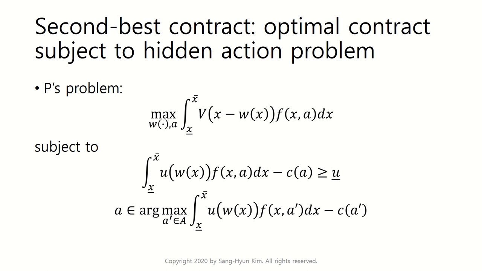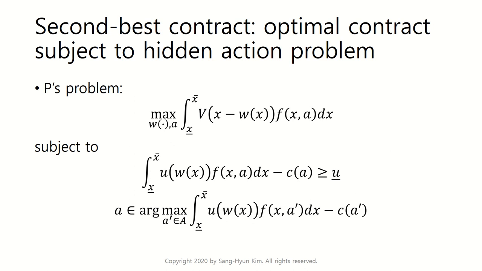Okay, so this W function has to achieve two goals. One is to optimally share the risk. The second goal is to give enough incentive to work. Okay, so as we saw in example 2, we can achieve two goals optimally, fully.